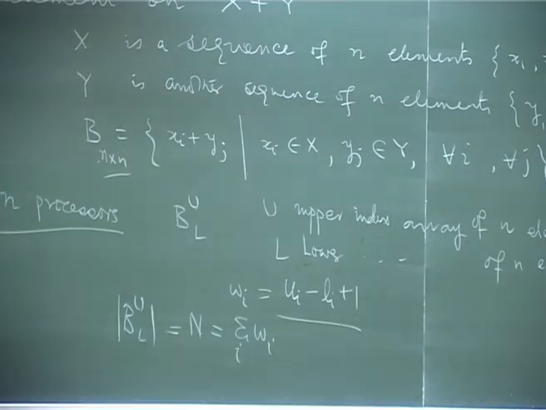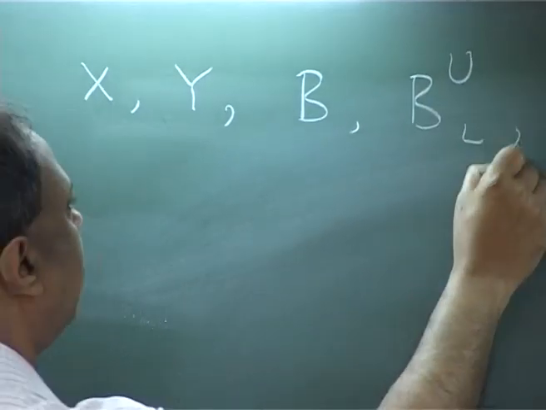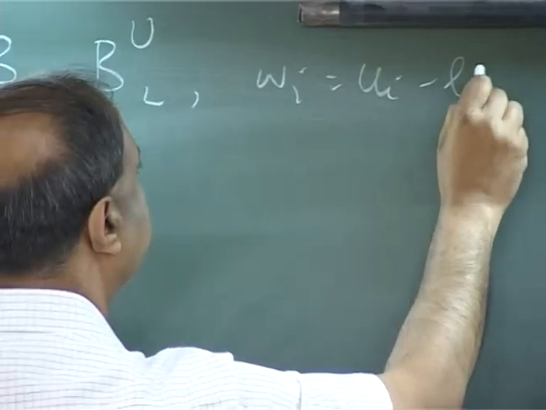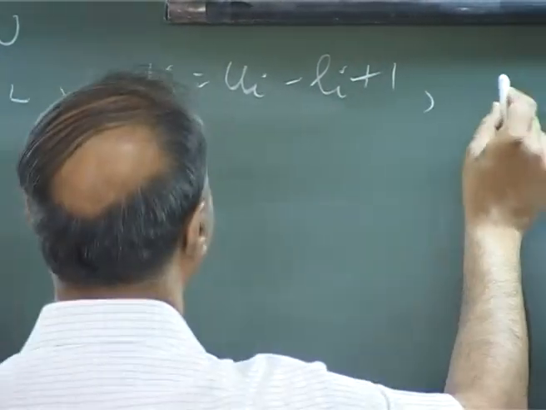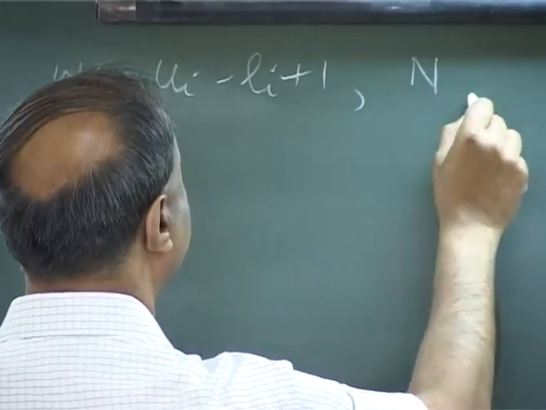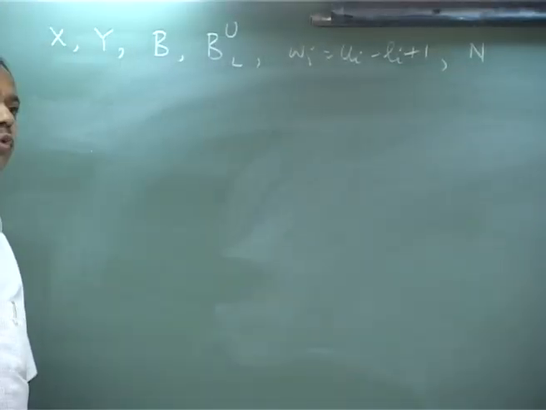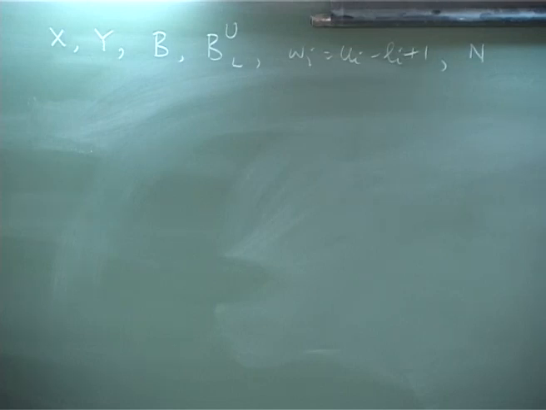Is it okay? So what we have done, we have defined x, we have defined y, we have defined B, we have defined B_UL, we have defined Wi equals Ui minus Li plus 1, and then we have defined n. Now you have a term, quantile element of order f.